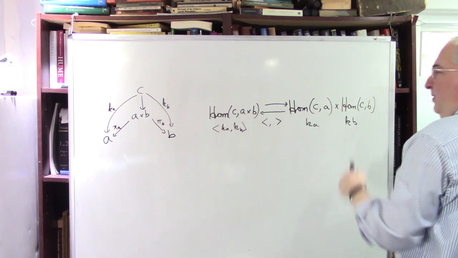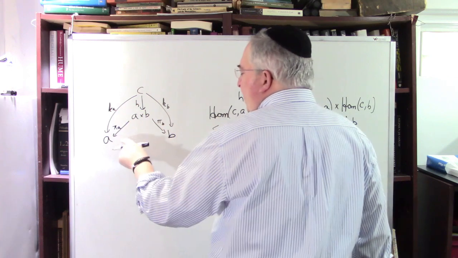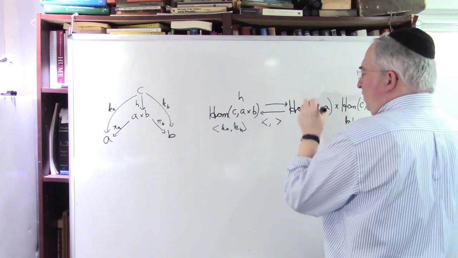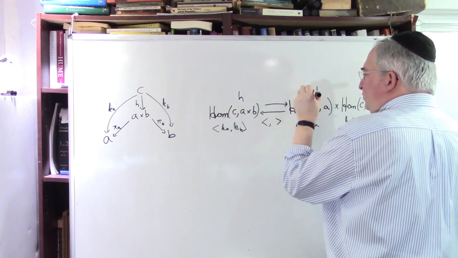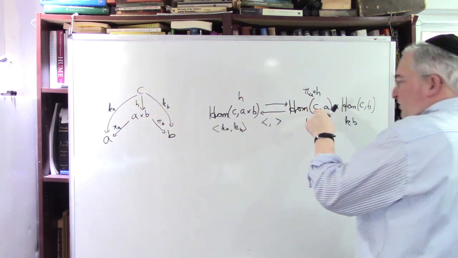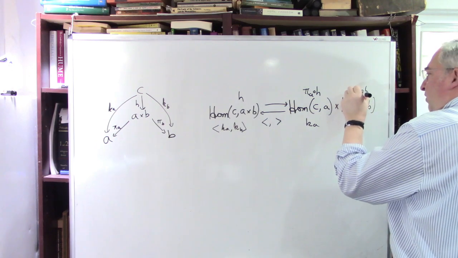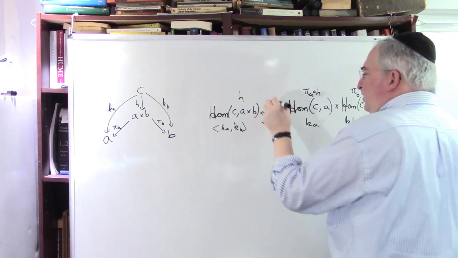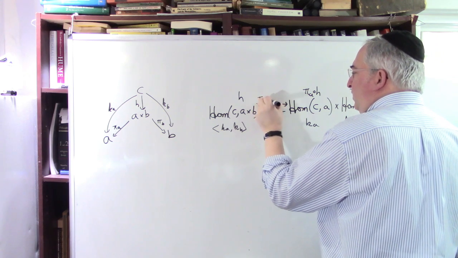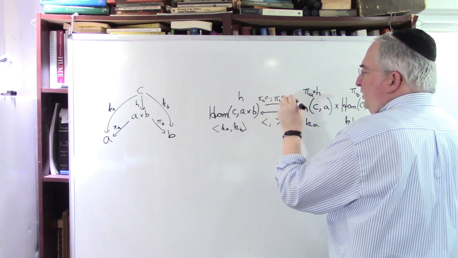Okay, how about this map? Well, watch this. If I give you a map h, so h goes here, then I follow along h composed with pi of A. So how do we write that? We write h composed with pi of A. That gives you a map from C to A. Okay, and also h composed with pi of B. Okay, so this map is composed with pi of A, comma, composed with pi of B. I'll put a dash there.